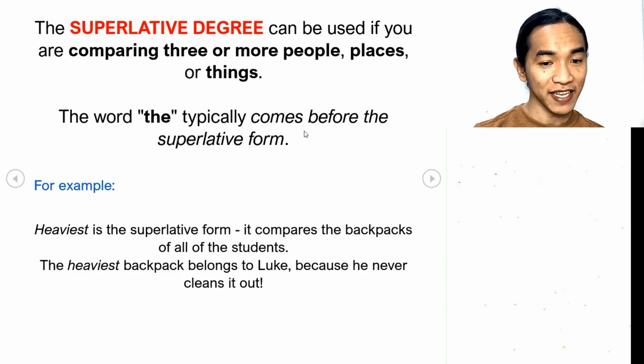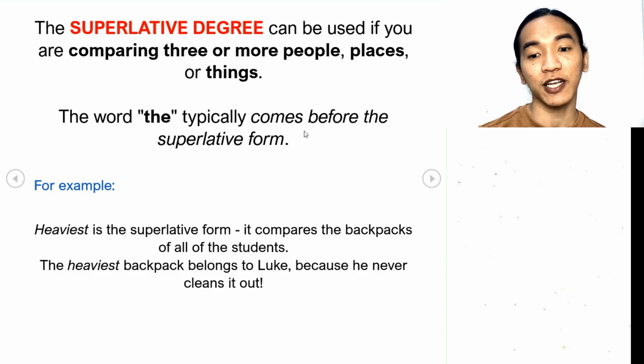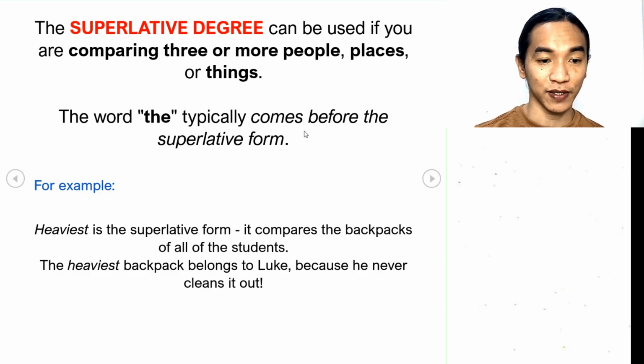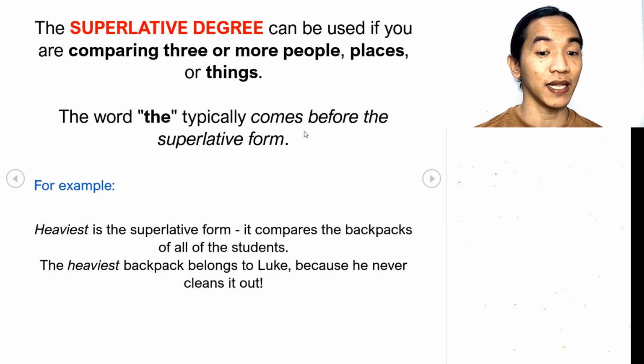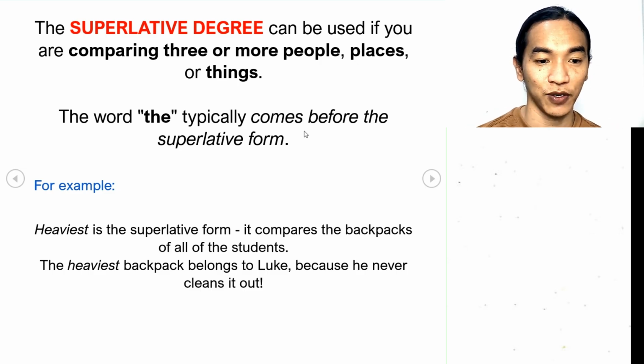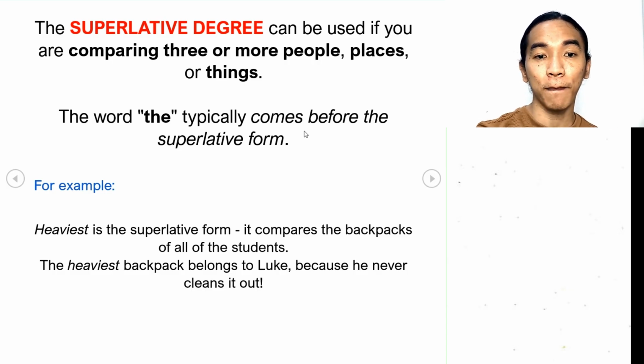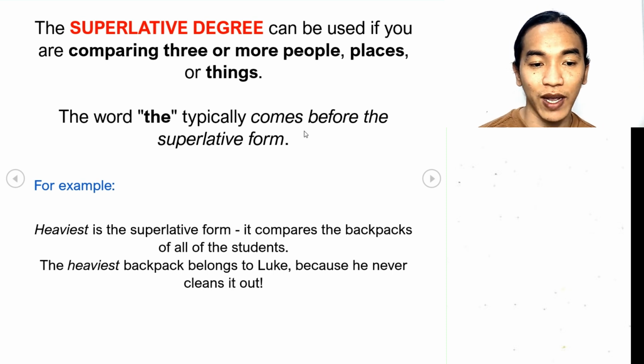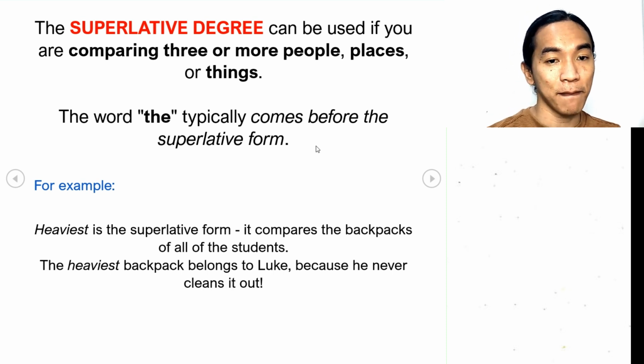For example, heaviest is the superlative form. It compares the backpacks of all the students. For example, the heaviest backpack belongs to Luke because he never cleans it out. That is comparing Luke's backpack among the backpacks in the class, so we say the heaviest backpack.